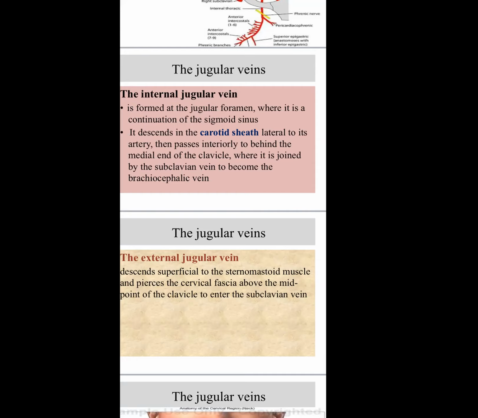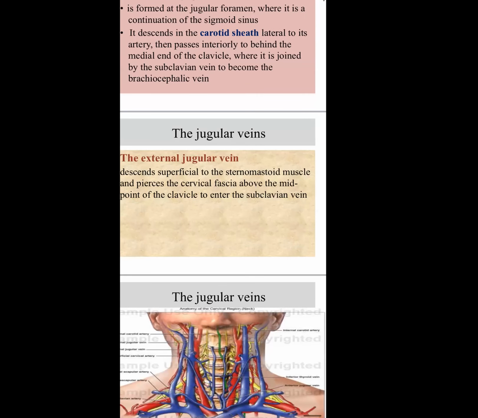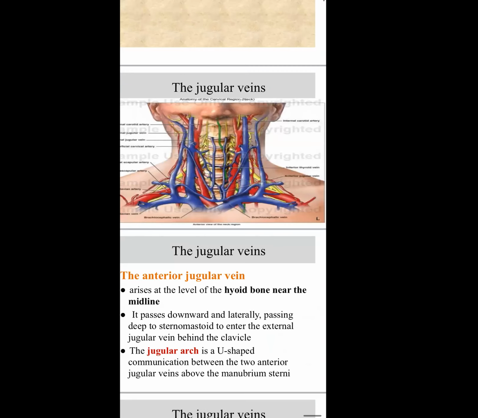The external jugular vein descends superficial to the sternomastoid muscle and pierces the cervical fascia above the midpoint of the clavicle to the subclavian vein. هذه الصورة توضح the internal and external jugular vein. The external jugular vein, this is a direct continuation from the sigmoid sinus, and the external jugular vein will enter and pierce the subclavian vein.